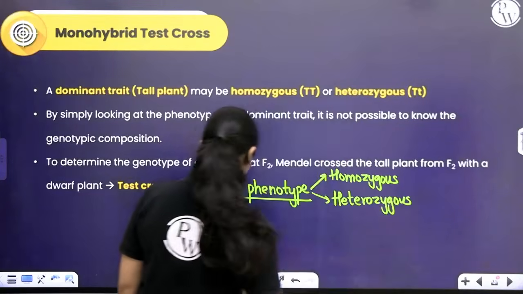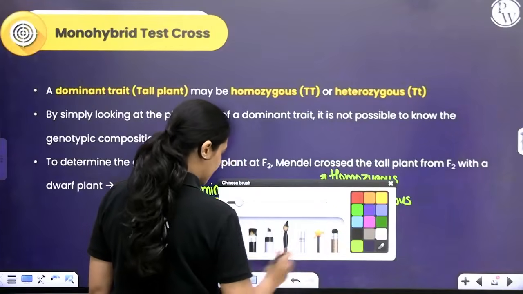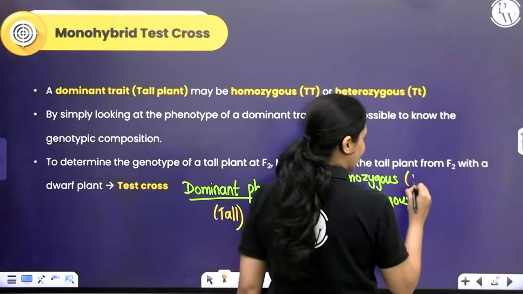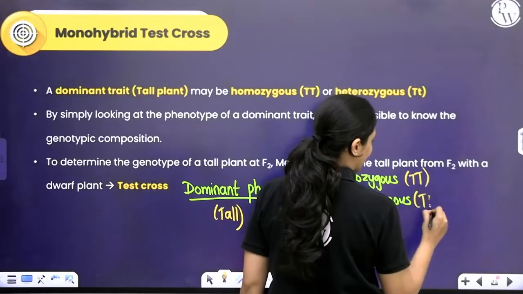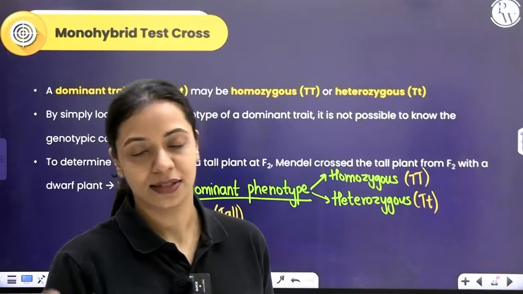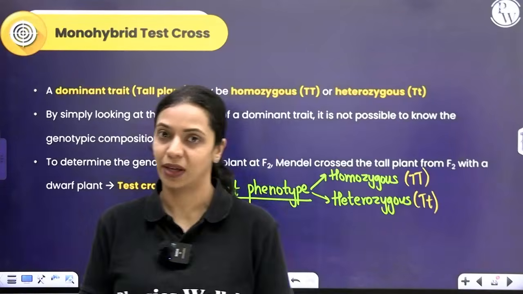For example, let's say one dominant phenotype is tall height. It can either be capital T capital T, or it can be capital T lowercase t. If you look at a tall plant, you can't say, oh, this has two capital T, this has one capital T, one lowercase t. You can't.